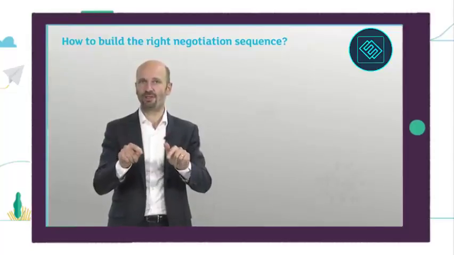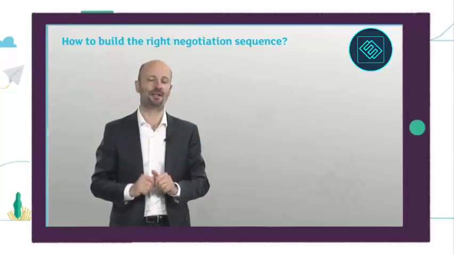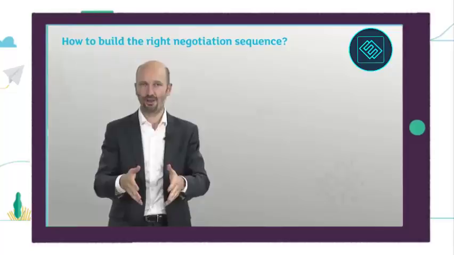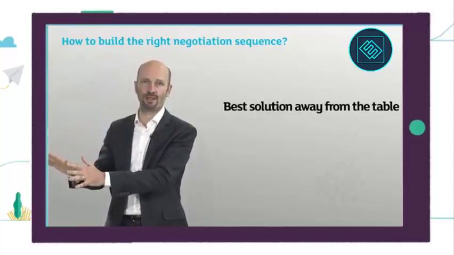Now, there is a potential deal on the table and 3 missing elements out of the 10. So number 8, well, it's time to compare the solutions on the table with your best solution away from the table.